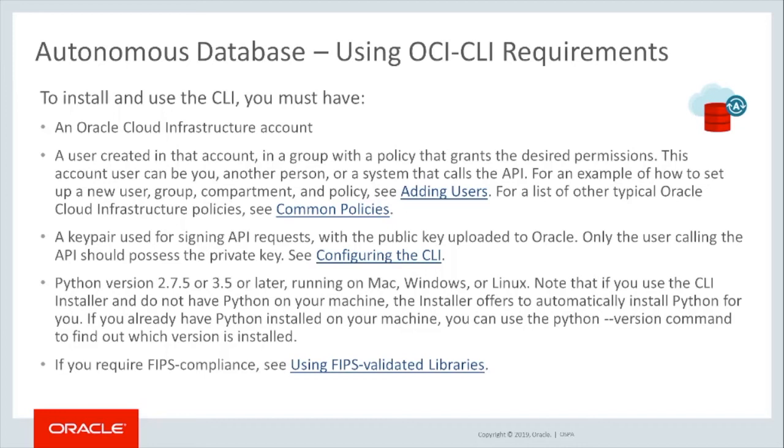Only the user calling the API should possess the private key. You also need Python version 2.7.5 or 3.5 or later, running on Mac, Windows, or Linux. Note that if you use the OCI installer and do not have Python on your machine, the installer offers to automatically install Python for you. If you already have Python installed on your machine, you can use the Python version command to find out which version you have installed.